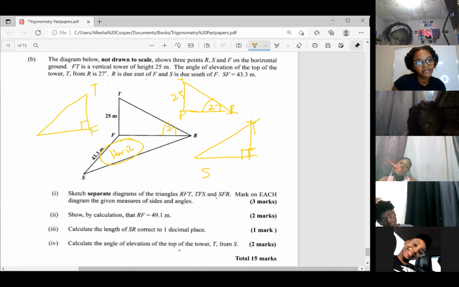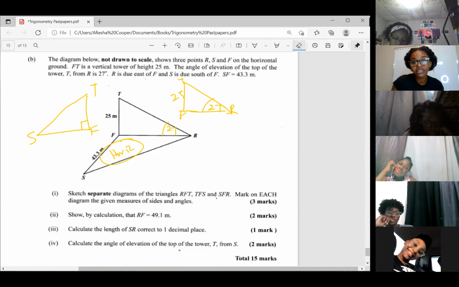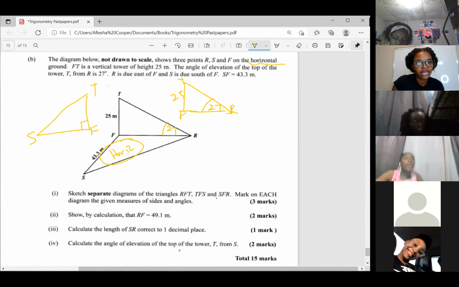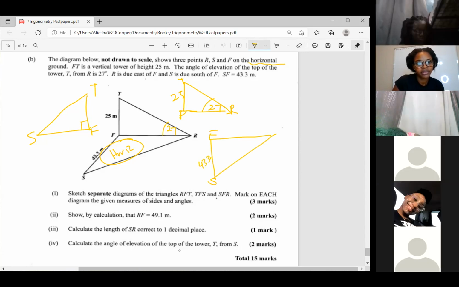T, F, S. Everybody understand that, right? Once they tell you something is horizontal, it's on flat ground, so anytime a wall is coming up from it, it's going to be a right angle. That's why it's important to read horizontal. And S, F, R, another right angle, 43.3 meters. So that's 3 right angle triangles in one, right? Everybody got that?